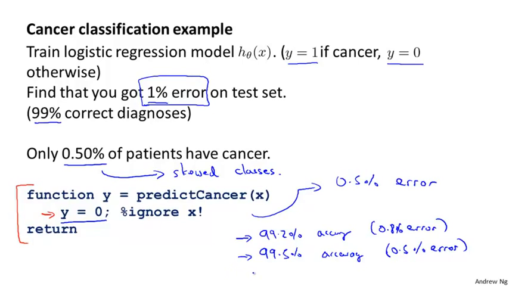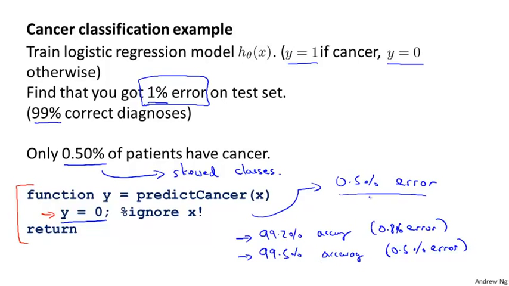So if you have very skewed classes, it becomes much harder to use just classification accuracy, because you can get very high classification accuracies or very low errors, and it's not always clear if doing so is really improving the quality of your classifier, because predicting y equals 0 all the time doesn't seem like a particularly good classifier.